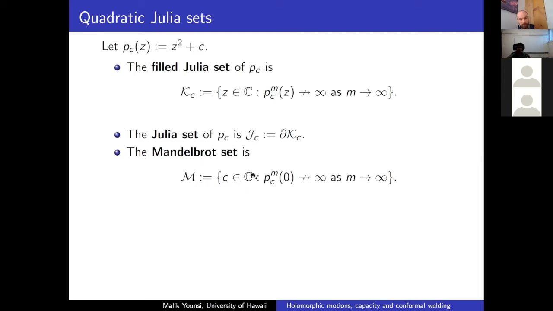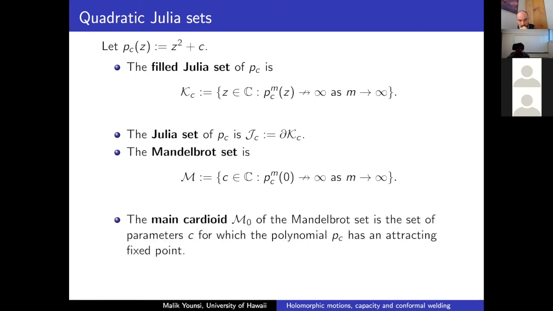The Mandelbrot set lives in the parameter plane, and is the collection of all parameters for which the orbit of 0 under z squared plus c remains bounded. Another thing that we're going to consider is the main cardioid of the Mandelbrot set. You can think of this as the set of all parameters for which the corresponding polynomial has an attracting fixed point.